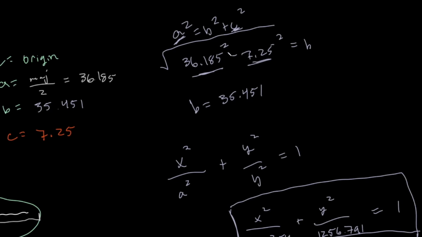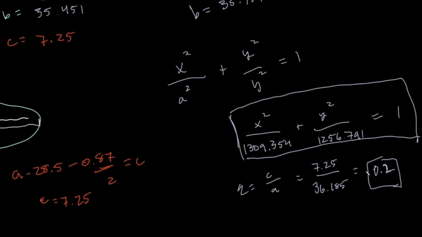Cool, wonderful. So let me check the actual eccentricity, we're talking about Mercury, right? Mercury's eccentricity is 0.21. So it's actually 0.21. We were pretty close. We made some assumptions, right?